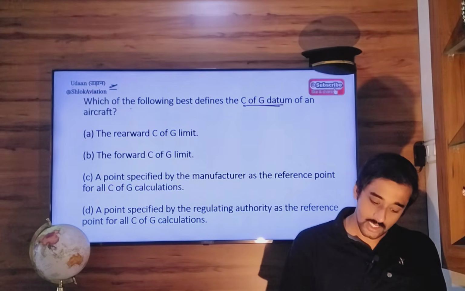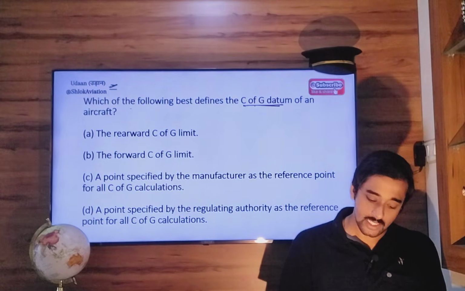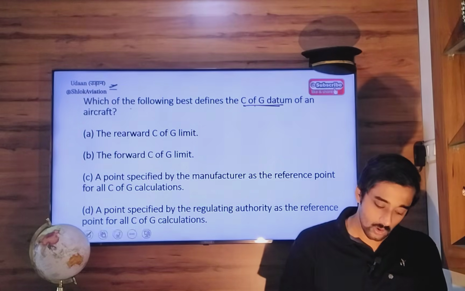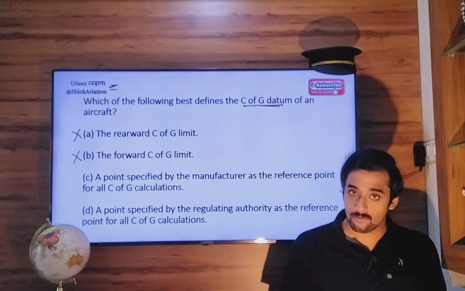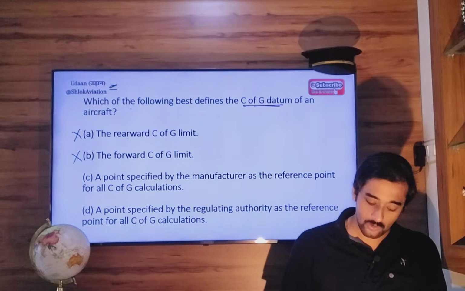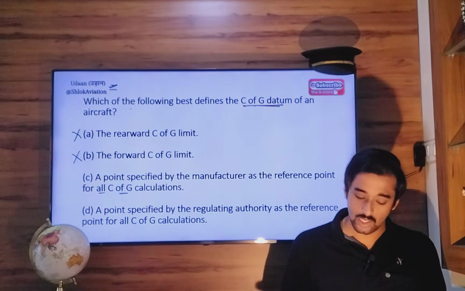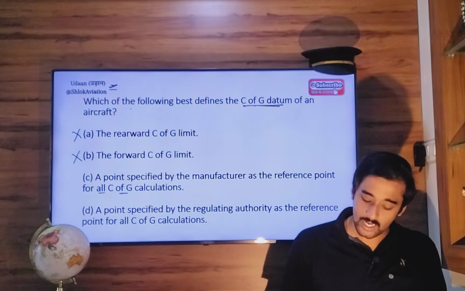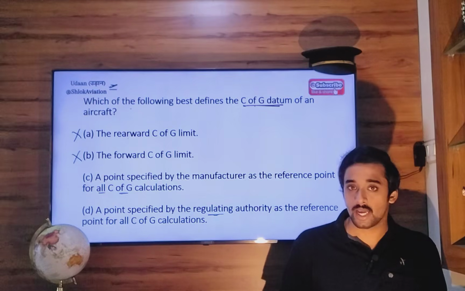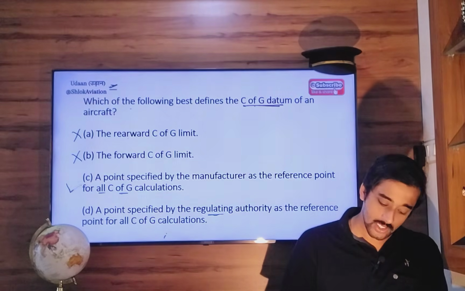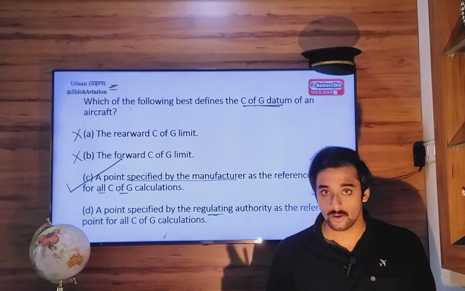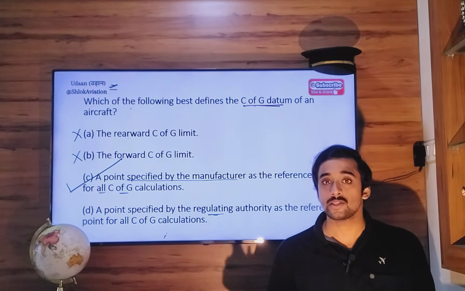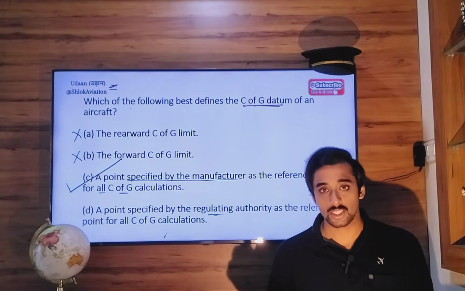So, CG datum is rearward CG limit, no; forward CG limit, no; a point specified by the manufacturer as the reference point for all CG calculations; a point specified by the regulating authority like DGCA as the reference point for all CG calculations. So datum is defined by or specified by the manufacturer of the aircraft. Okay, and that datum is a fixed point, a fixed location.